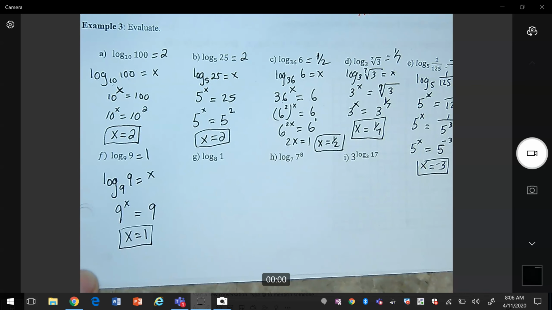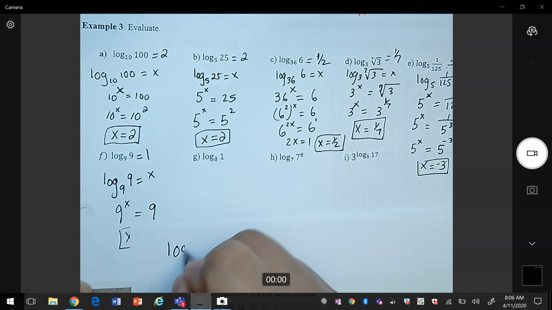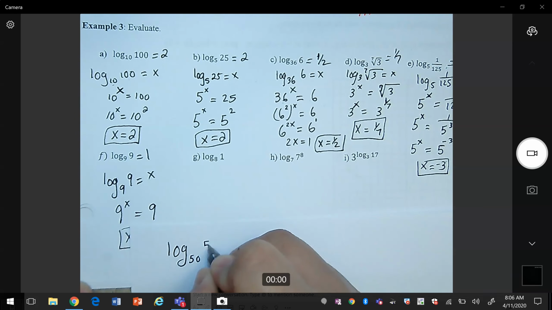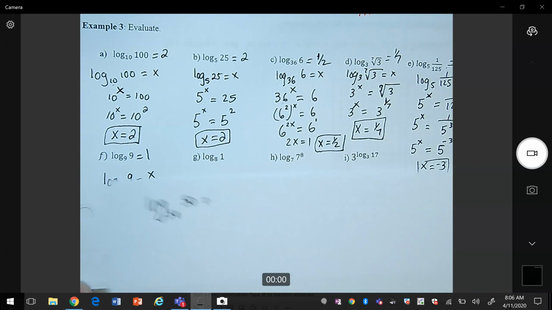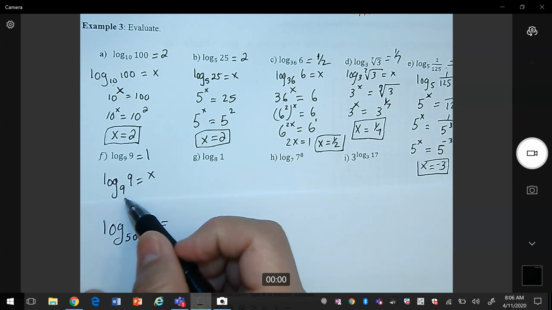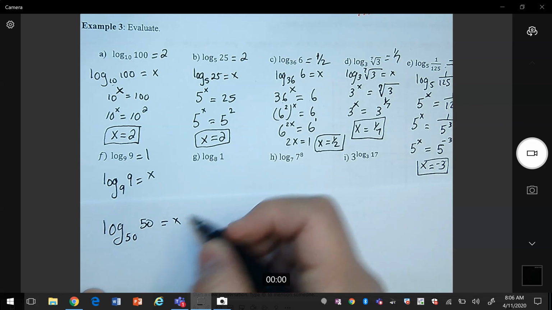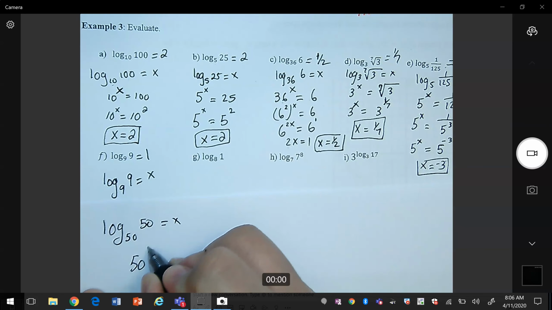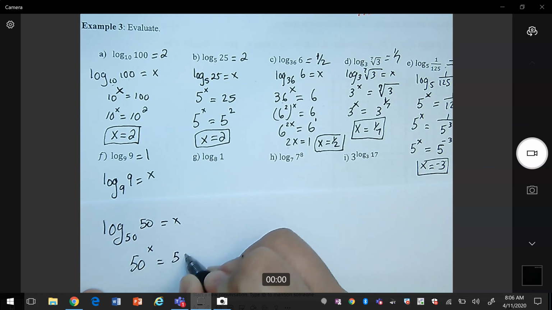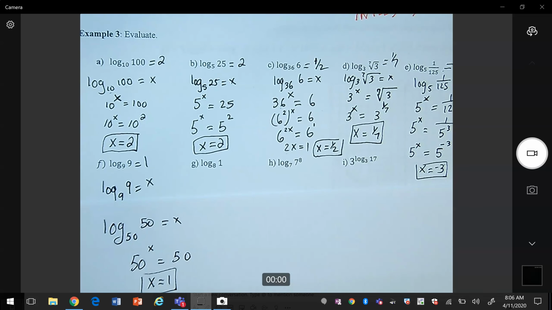So if I give you another example that's similar to this one, let's say we have log base 50 of 50. Okay, so it looks very similar to this one, except instead of 9 we have 50. Notice what happens. 50 to the x power is equal to 50. So x is still going to be 1.